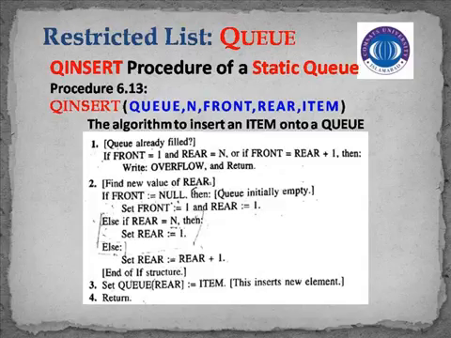Dear students, mentioned in this slide is the queue insert algorithm that calls the queue insert procedure containing parameters like the name of the static queue, as in this case it is queue, the size n of the queue, the front and rear ends of the queue to maintain these pointers, and the item to hold the element to be inserted on the queue.